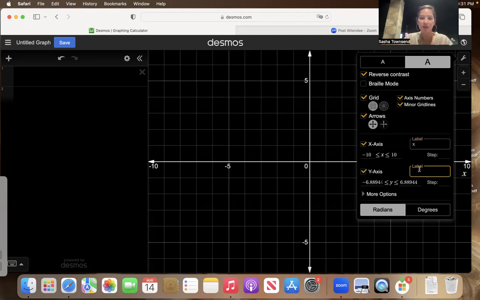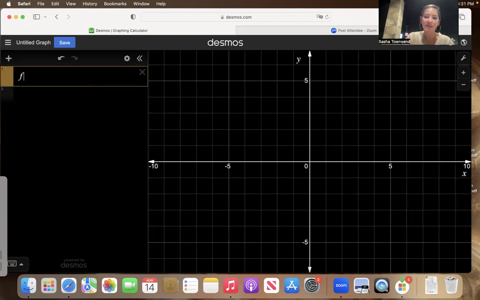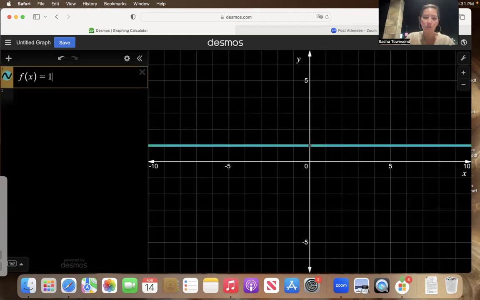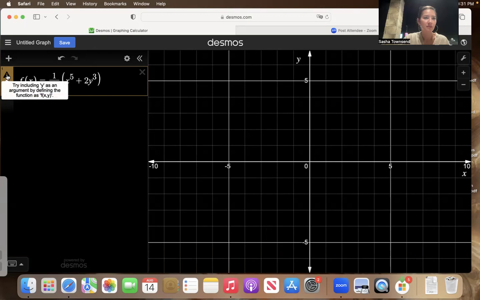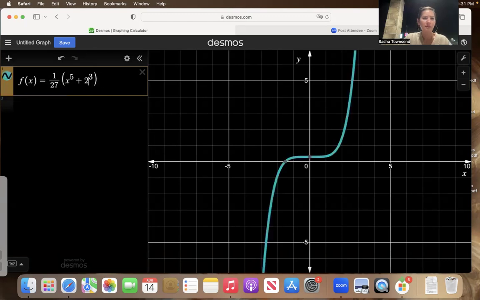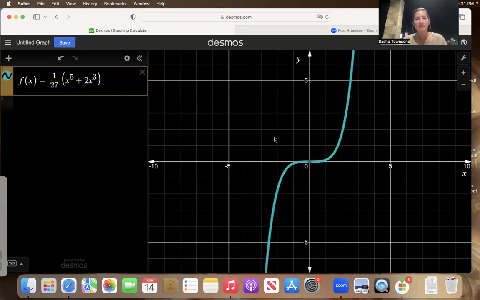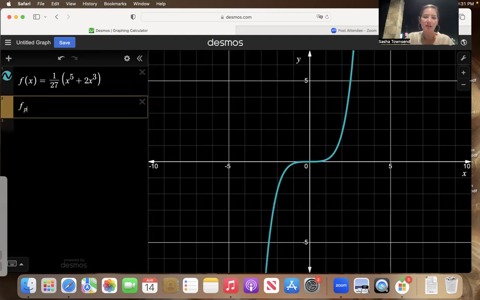So I'm going to have x here, y here. This is f of x equals 1 divided by 27 times x to the 5th plus 2x cubed. Oops, I wrote y cubed, I meant x cubed. So we've got that. Its derivative is well defined all the time. We were able to find it relatively easily.